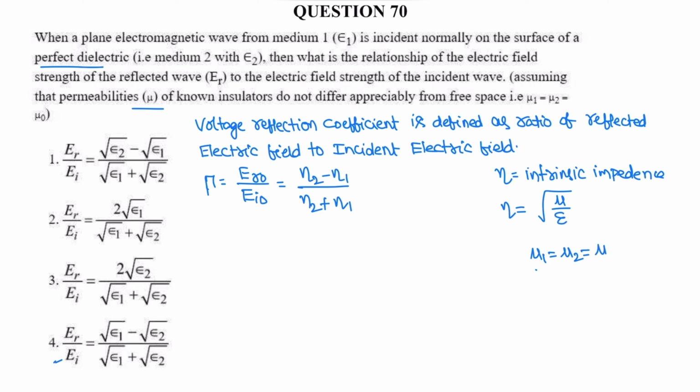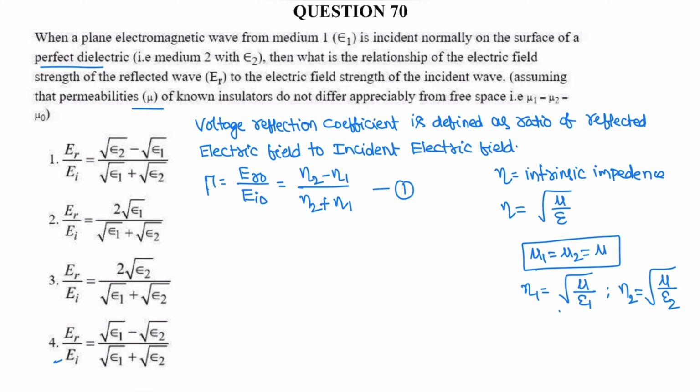So the permeability is the same, but only the permittivity will change. Now eta 1 is square root of mu by epsilon 1 as per the question, and eta 2 is square root of mu by epsilon 2. Substitute eta 1 and eta 2 in this reflection coefficient equation.